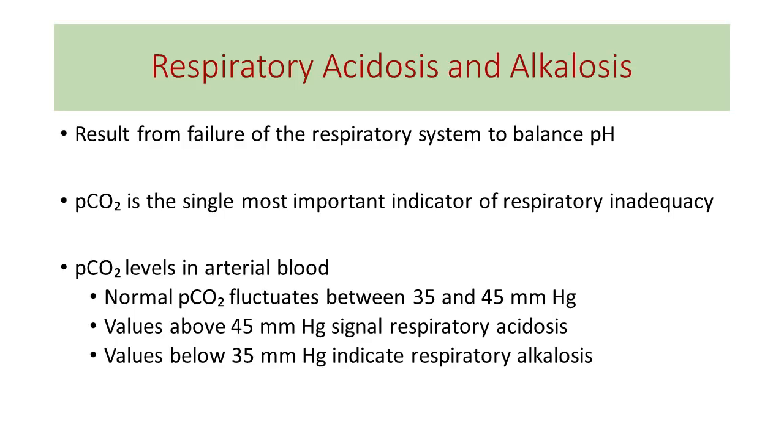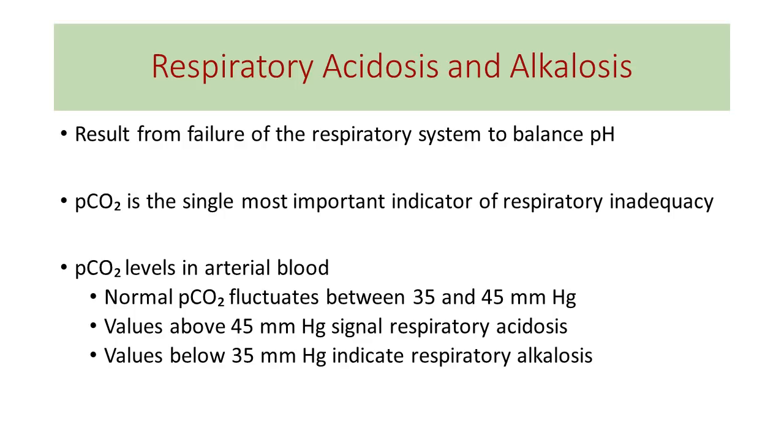You're going to see problems very commonly in people who have lung disorders, things like bronchitis, emphysema, lung cancer, which can result in respiratory acidosis, for example, because they're not able to effectively get rid of as much carbon dioxide as they should be able to because of these pathologies.